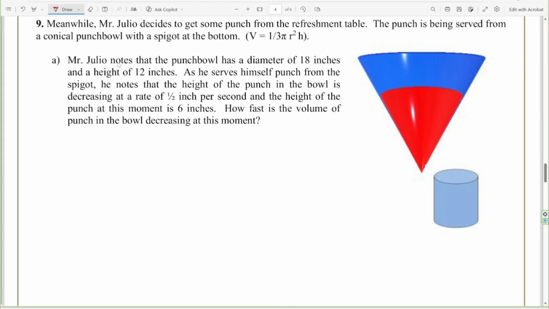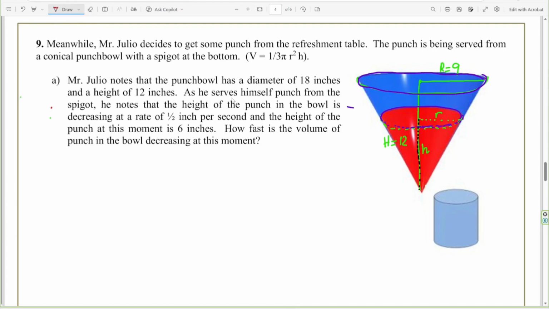Mr. Julio notes that the punch bowl has a diameter of 18 inches and a height of 12 inches. The diameter is the distance from here to here. As he serves himself punch from the spigot, he knows that the height of the punch in the bowl is decreasing at a rate of 1/2 inch per second.